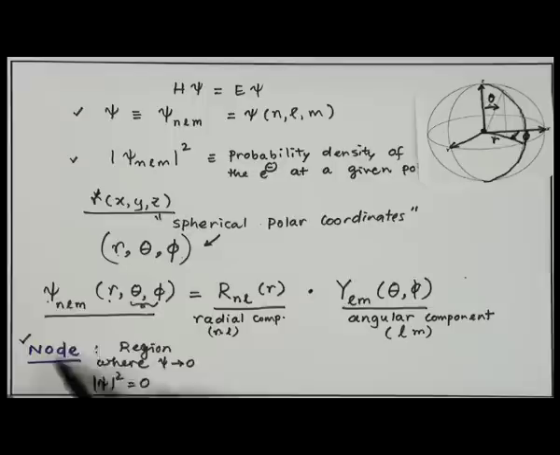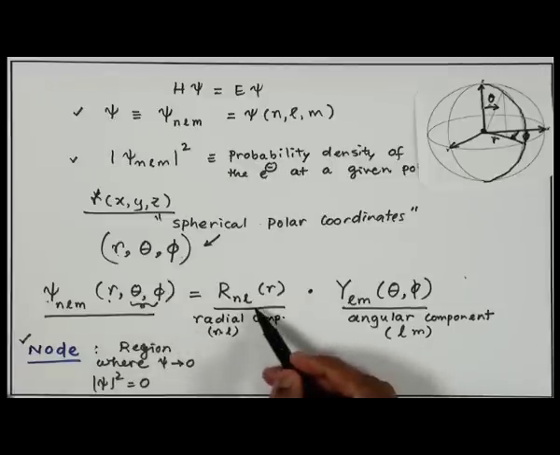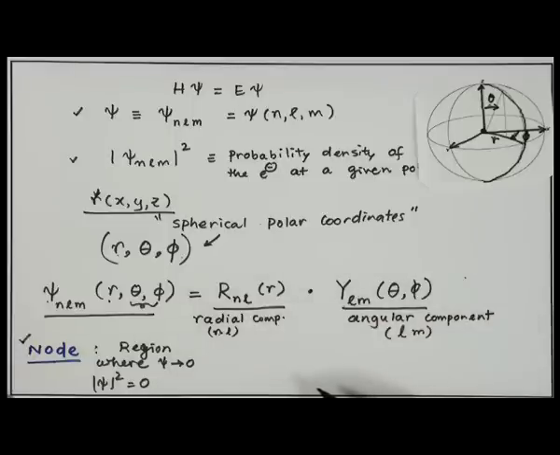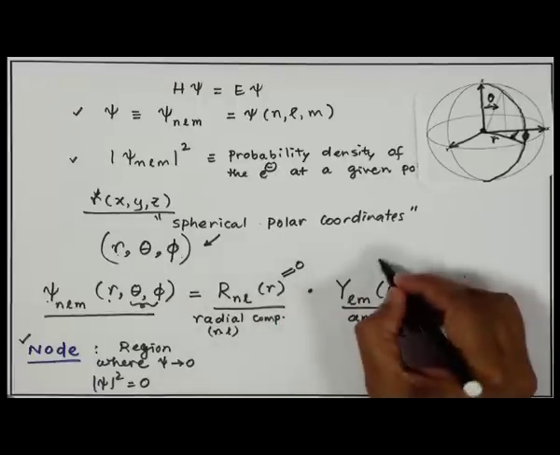We will get a node if this wave function becomes 0. This wave function psi has two parts, one is radial part, another is angular part. So, how can this wave function be 0? It can either be 0 when the radial component is 0, or it can be 0 when the angular component is 0.